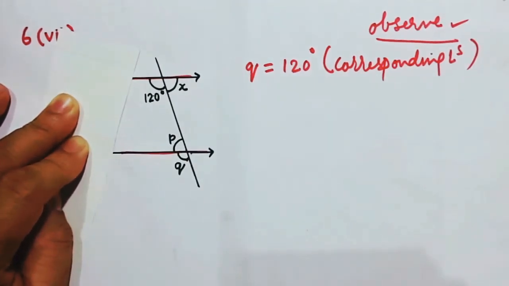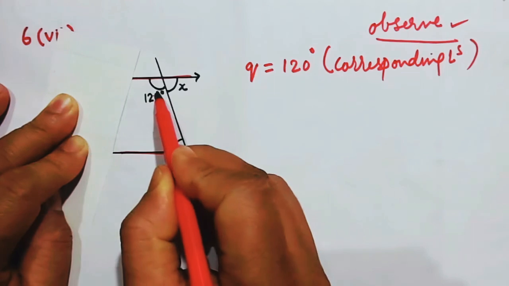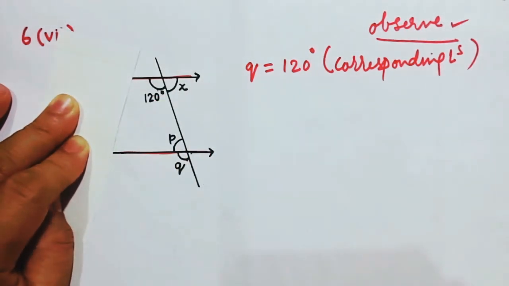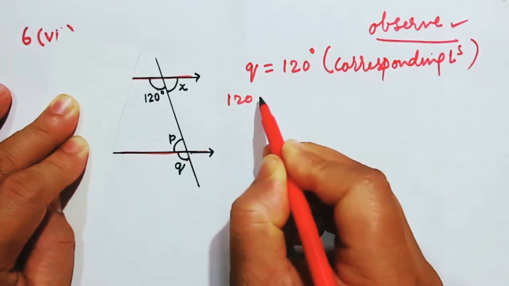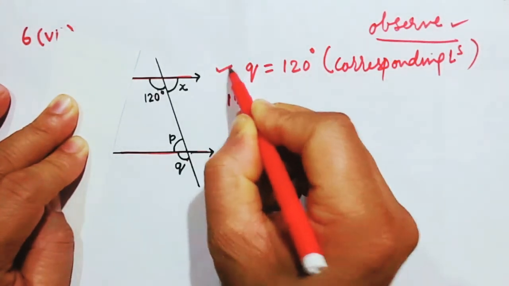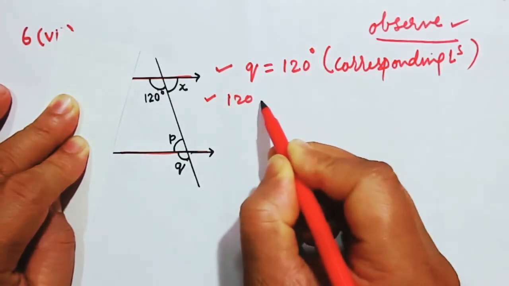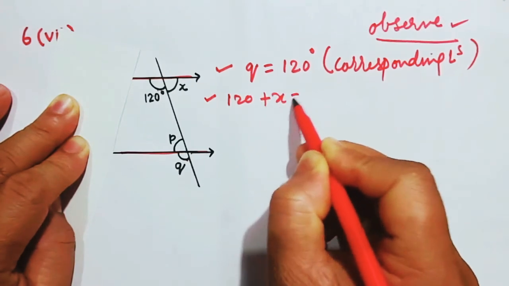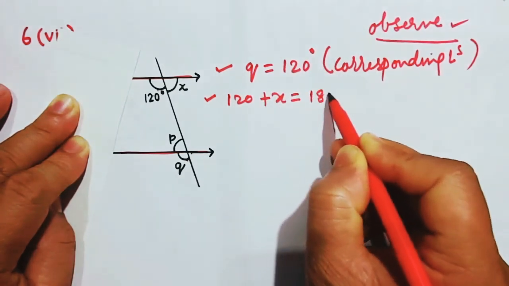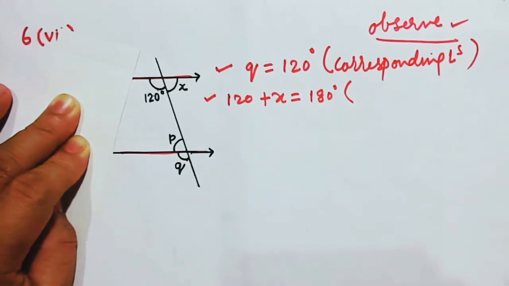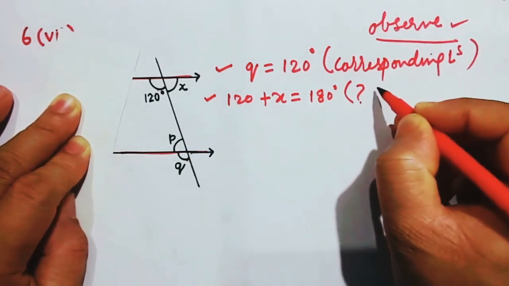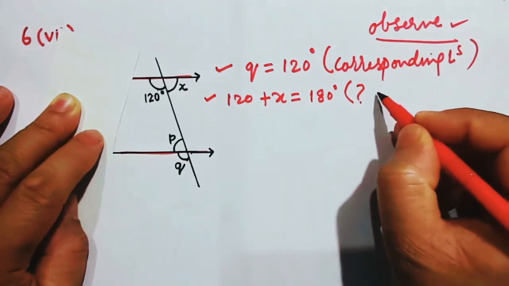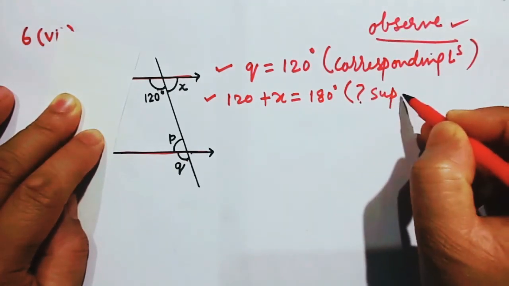Now, what about 120 and x? Now, 120 and x, 120, this is point number 1, this is the second one. 120 plus x will be equal to 180 degree, and why so? The reason for that is that they are supplementary angles.